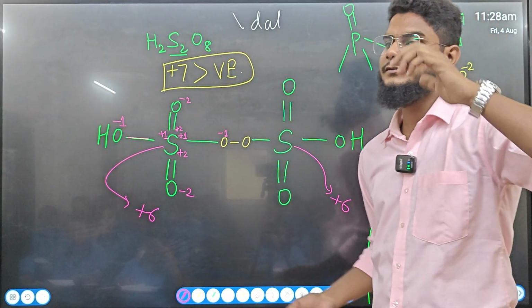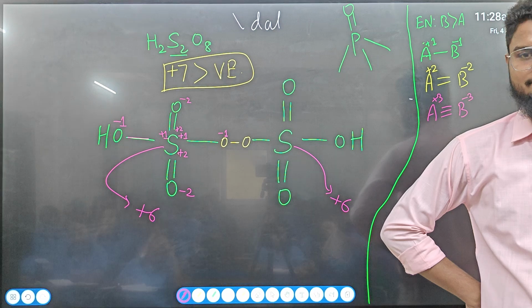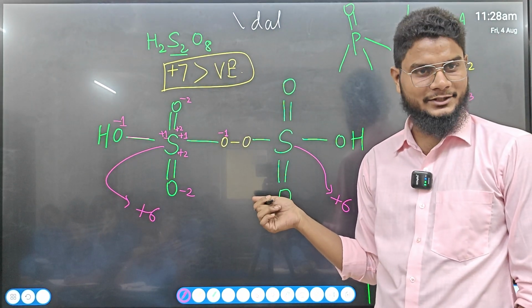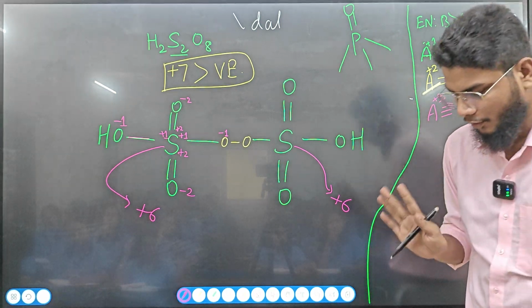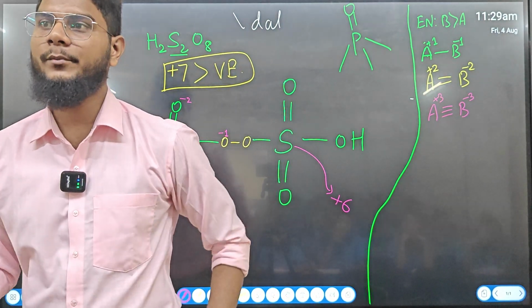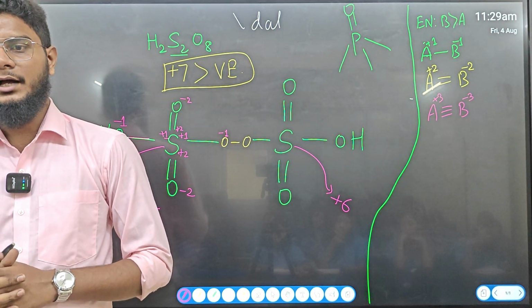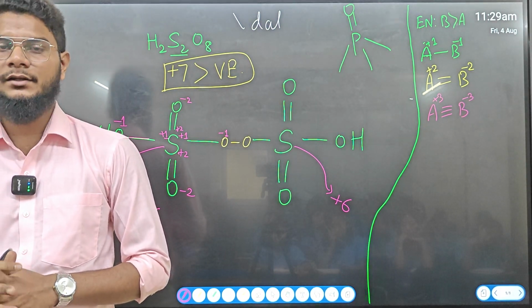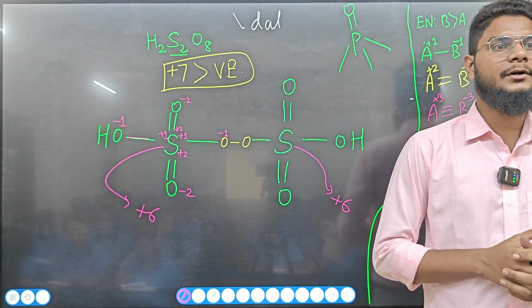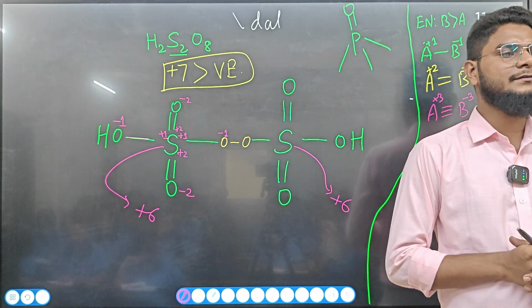Now you have questions, sir, how to draw this structure. That's very difficult. You don't know how it will be. So first of all, you have to understand how many bonds an atom forms. If you know the bond-forming capacity, then you can easily draw it.